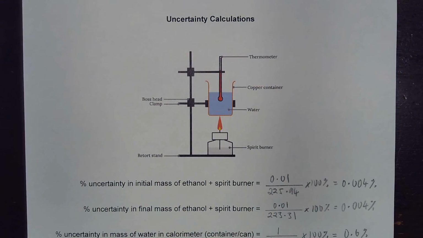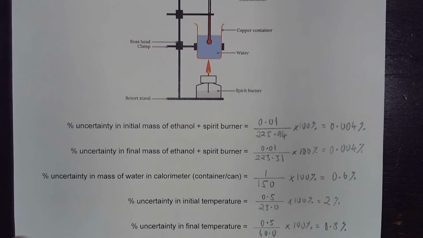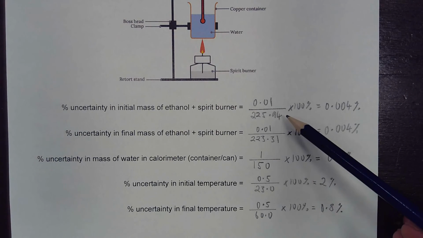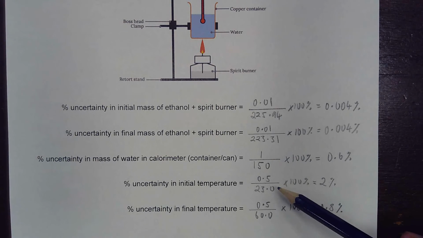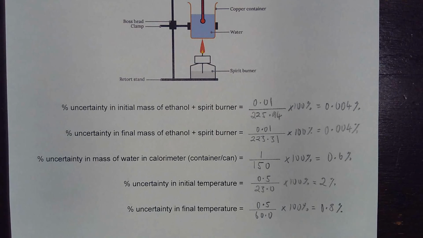For this same experiment, we can work out the absolute uncertainty in our final answer. And we do this by working out, first of all, the percentage uncertainty in each of the components that we measured for our calculation.